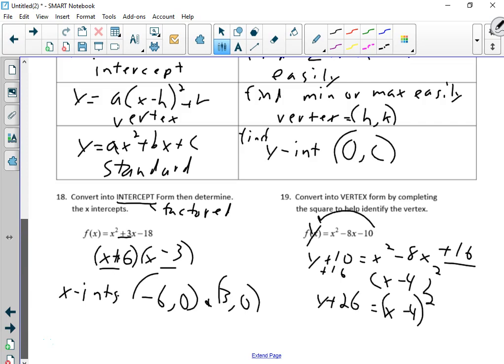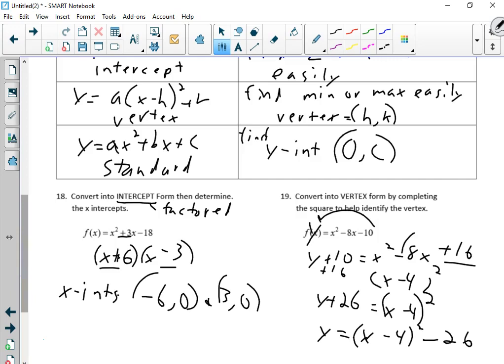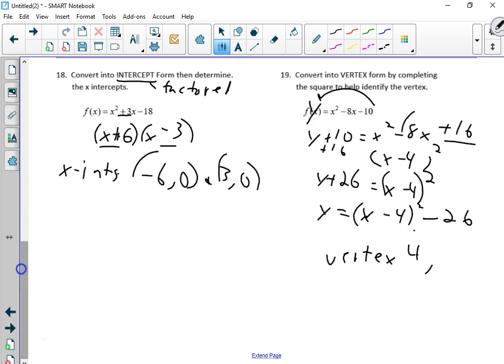And I just bring the 26 over. y equals x minus 4 squared minus 26. So the vertex is at 4, hey, that's h, remember? 4, negative 26. h, k.